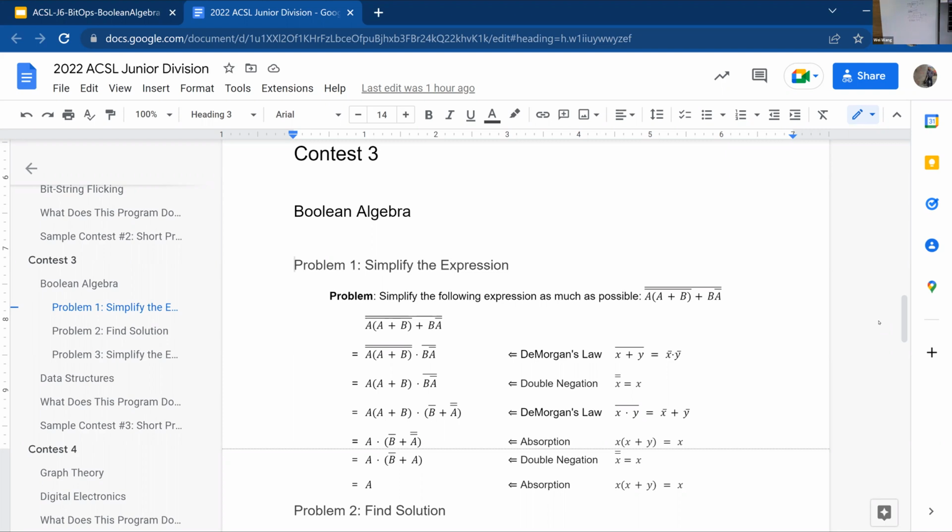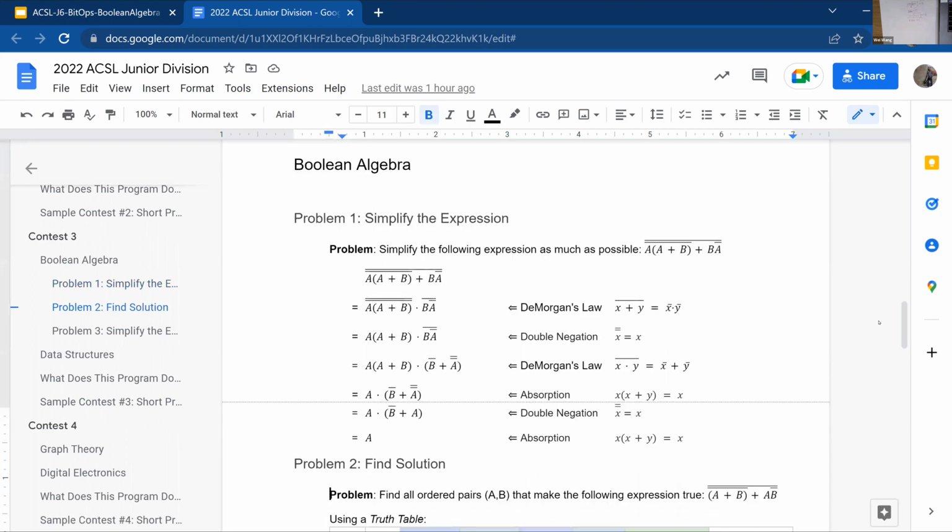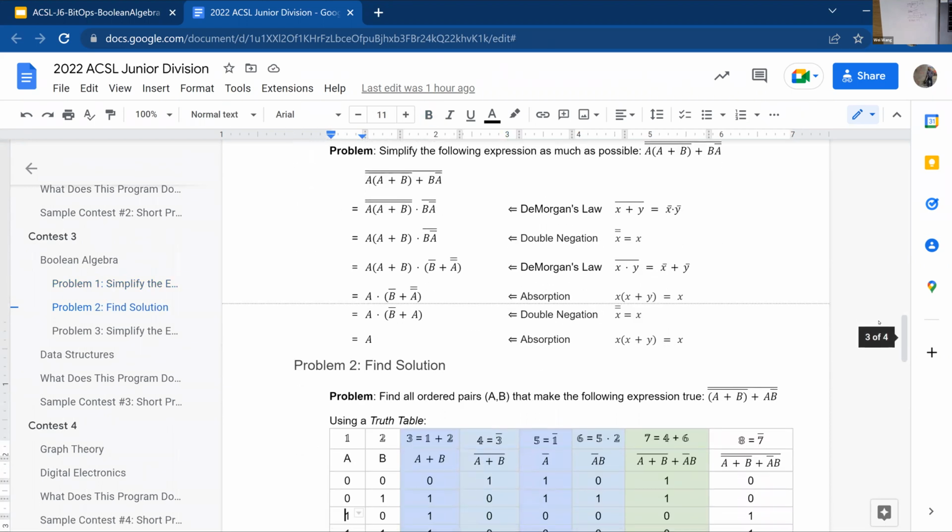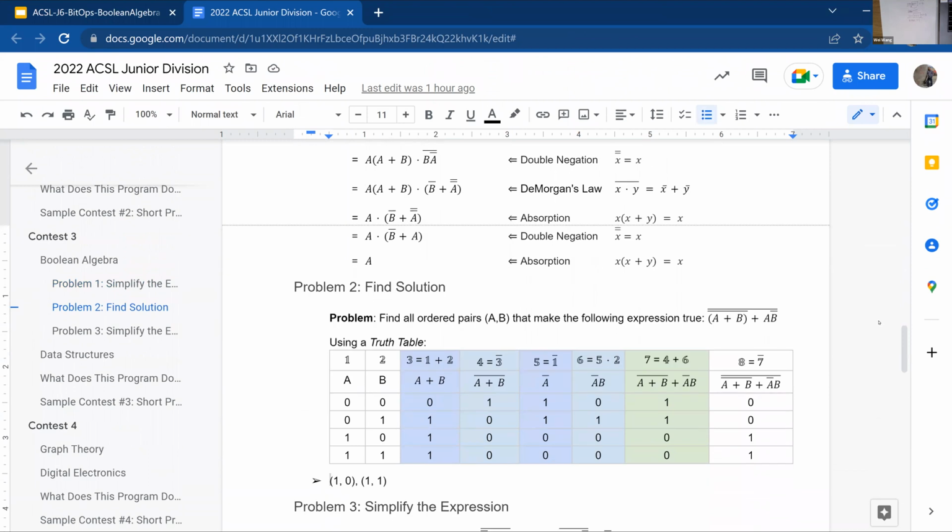So basically, this complex expression is simplified to A. Another way to do this type of solution sometimes is to use a so-called truth table.